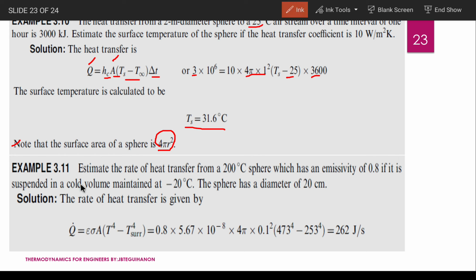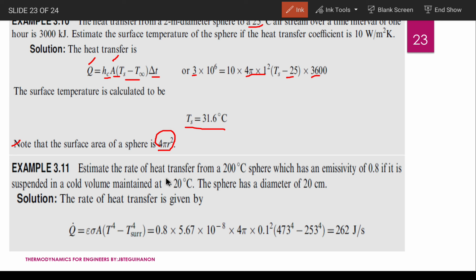And then we're done. So, estimate the rate of heat transfer from 200 degrees Celsius sphere which has the emissivity of 0.8 if it is suspended in a cool volume maintained at negative 20 degrees Celsius. The sphere has a diameter of 20 centimeter. Okay, yan yung problem.